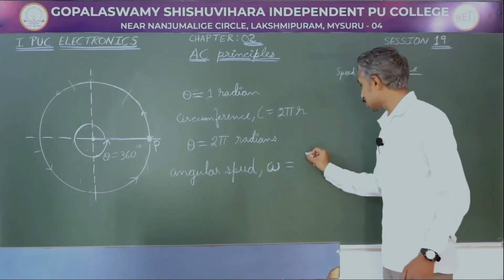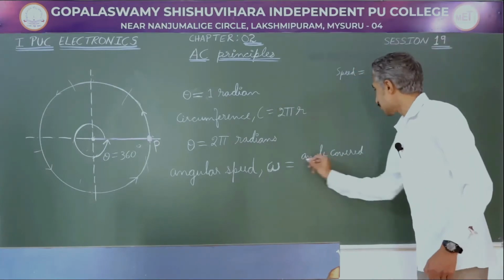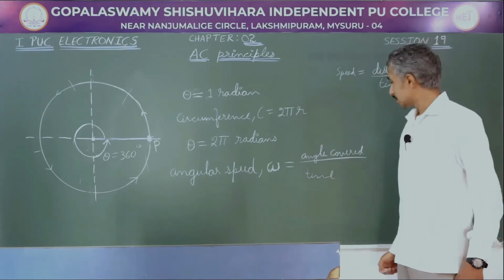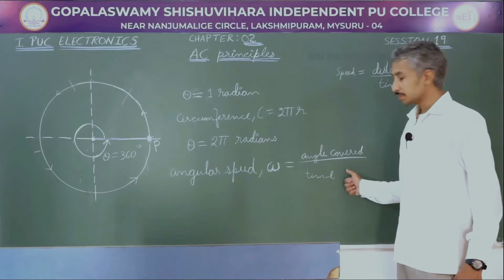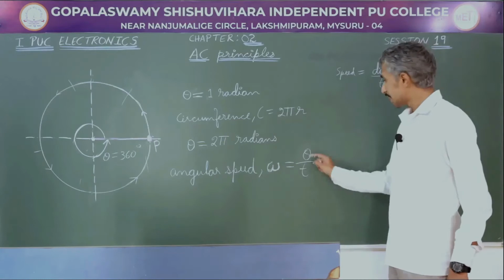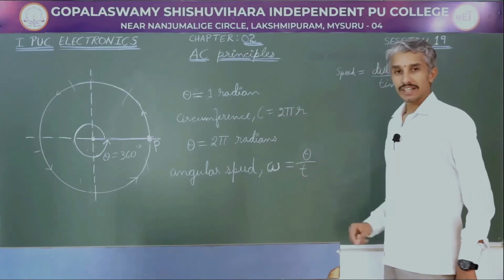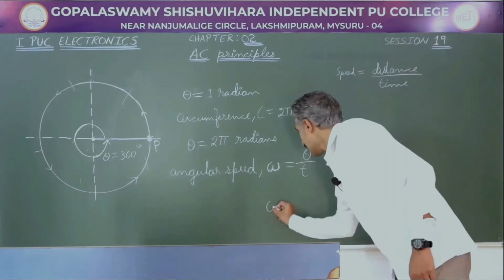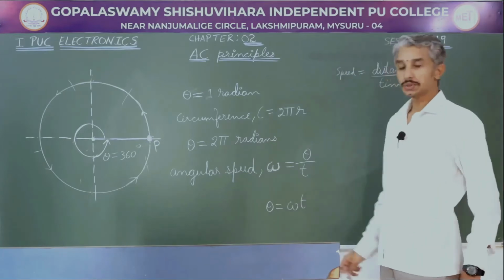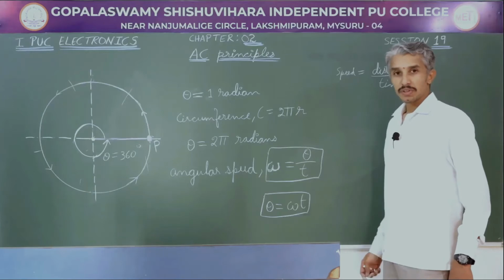Similarly, angular speed would be the angle covered by time taken to cover the angle. In simple terms, I can write this as theta divided by t, where theta represents the angle covered and t represents the time taken to cover that angle. On rearranging, theta is equal to omega into t. This formula would help us while learning about AC.